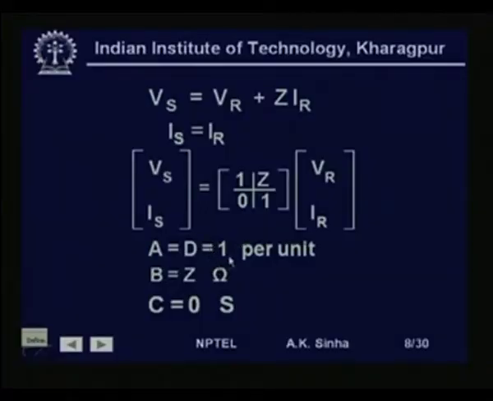That is, the unit of A and D is basically dimensionless, it will be in terms of per unit, whereas the unit of B is the unit of impedance or ohms, and the unit of C is the unit of admittance or Siemens. So, from this relationship for a short line, we have A and D is equal to 1, B is equal to Z, and C is equal to 0.